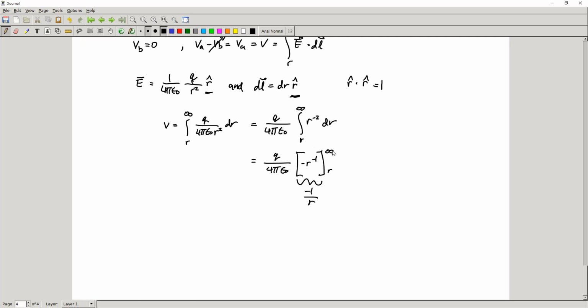So we can see right away that evaluating this at infinity is going to give us a 0. Let me do one more step down here. This is our V, q over 4 pi epsilon naught, and then evaluating at infinity gives us minus 1 over infinity, which just ends up giving us a 0. Then we have minus 1 over r, because evaluating at r just gives us back our r.